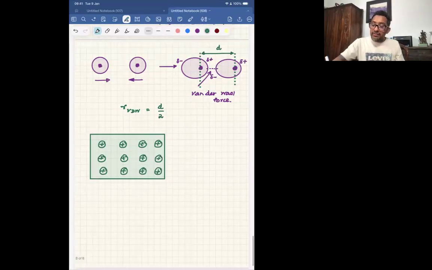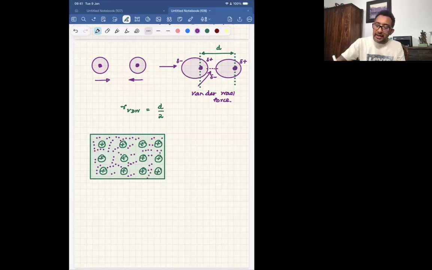So you have these electrons like this, moving here and there. These electrons are the ones that will hold the cations in place. So these are called mobile electrons.